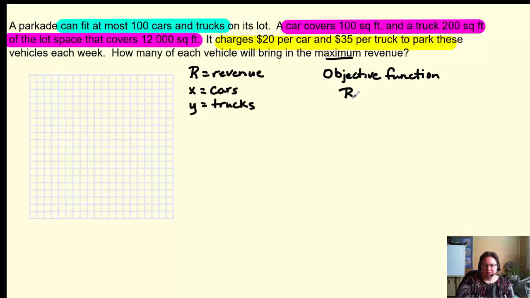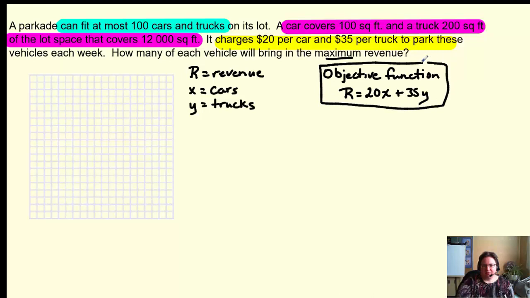So my revenue, and the color up here that deals with price is yellow: $20 per car, and cars were X, plus $35 per truck, which was Y. That function right there is an important one that you'll be using at the end of the question, but you've gotten rid of that information out of the question and you're not going to use that again.